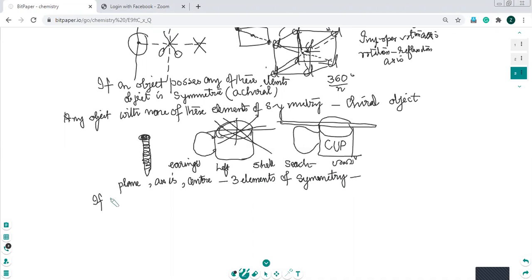If an object lacks any element of symmetry, any of these three elements, any of the three elements of symmetry, it is achiral.